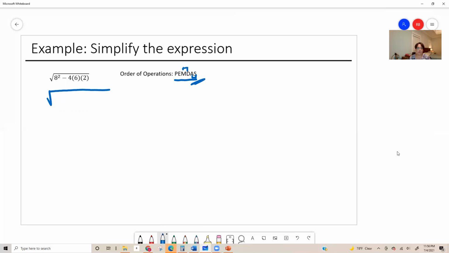Now we're going to do exponent next. So here's an exponent. 8 squared is 64. I'm just going to do this one step at a time. So now I have the square root of 64, and you see the rest here. Multiplication, division is the next. So I'm going to do this in order from left to right.